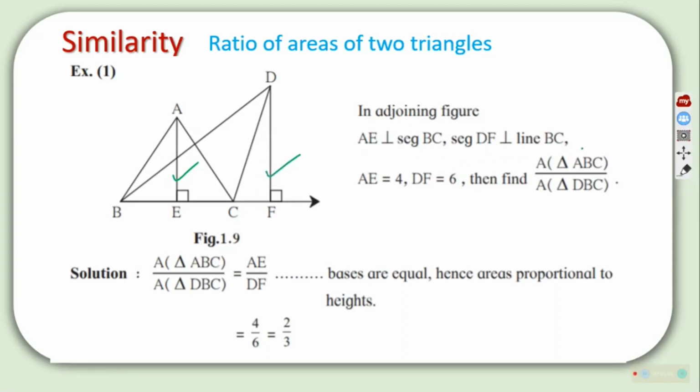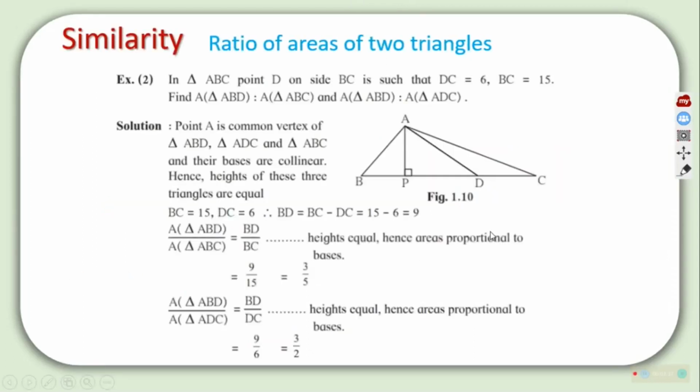There are two triangles: triangle ABC and triangle DBC. We have a common base here, so you will be comparing the height. The height is AE and DF, and we get the answer. Measurement is given, substitute in that. That is the example. Base is given, height compared.